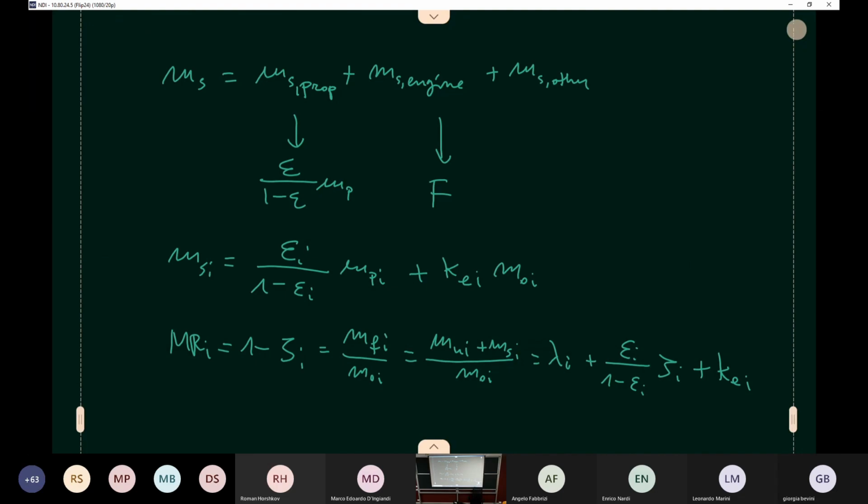So what happens here is that we can try to express now the mass ratio as a function of epsilon, lambda, and k.